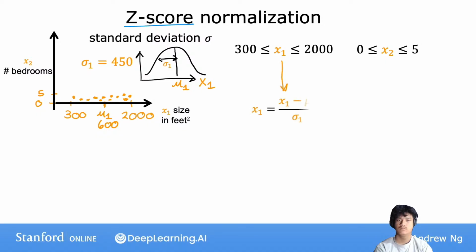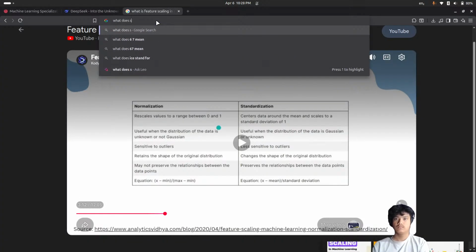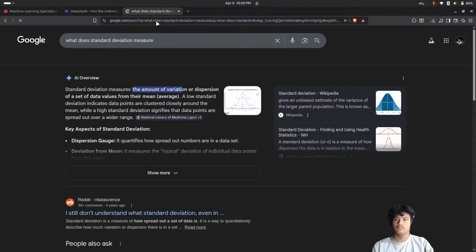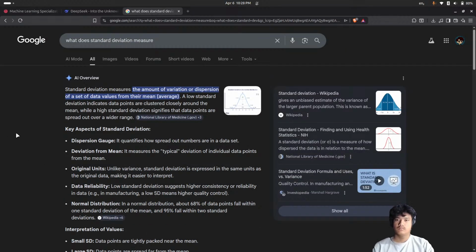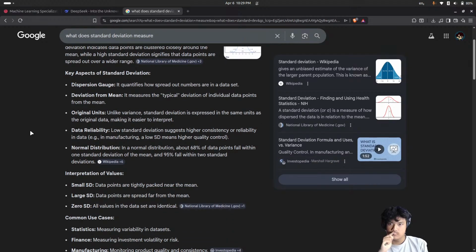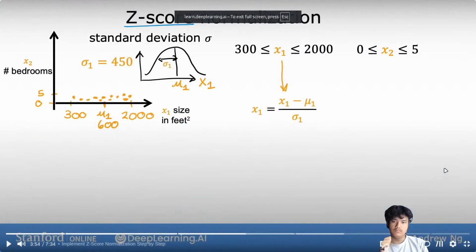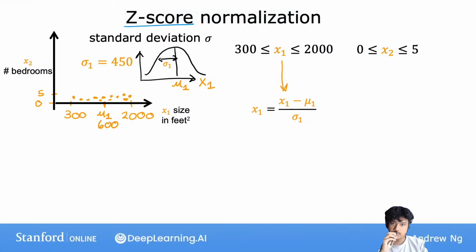Then to z-score normalize x1, take each x1, subtract mu1, and then divide by the standard deviation, which I'm going to denote as sigma 1.